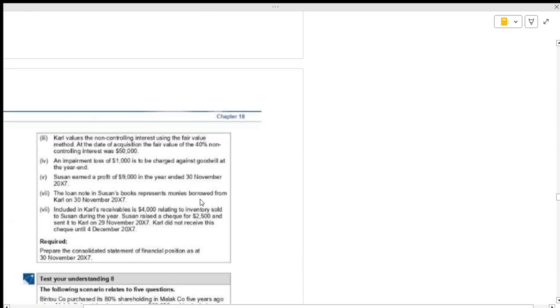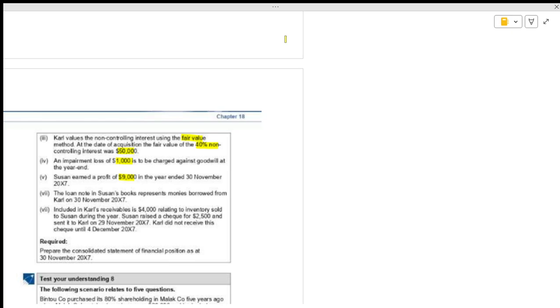Next, NCI. They already gave the NCI fair value. At the date of acquisition, 40% NCI, the fair value of NCI is 50,000. They gave you the impairment loss on goodwill. Susan earned a profit of 9,000 in the year. The loan note represents money borrowed from Carl on 30th November.